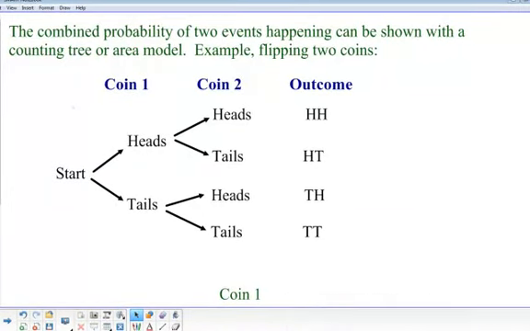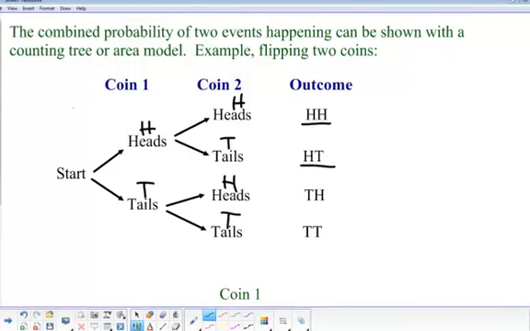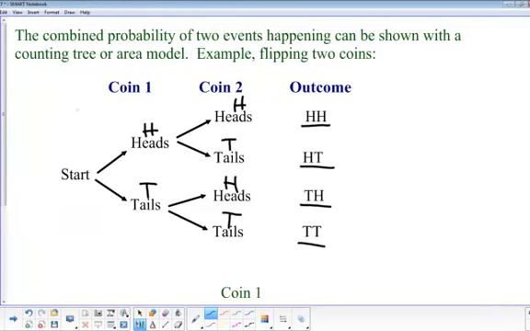All right, if we flip a coin twice, this is called a tree diagram. You can just put heads or tails. You don't have to write the whole word out. So we have 4 possible outcomes if we flip a coin twice: heads, heads; heads, tails; tails, heads; or tails, tails.